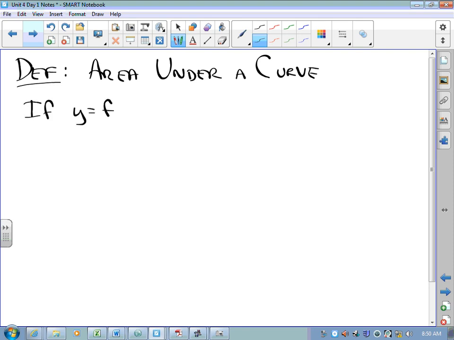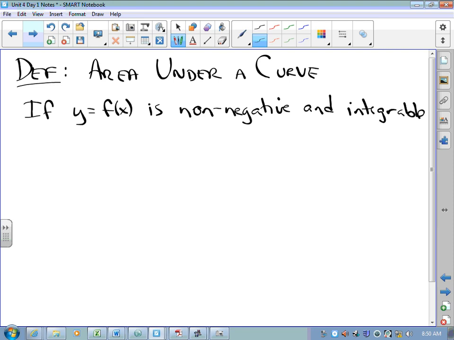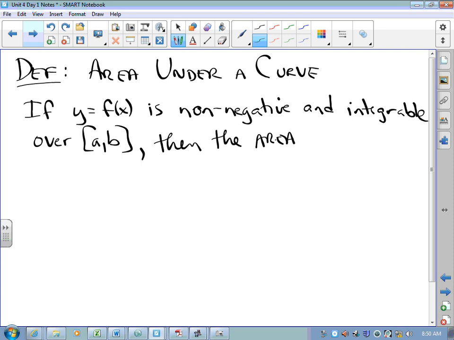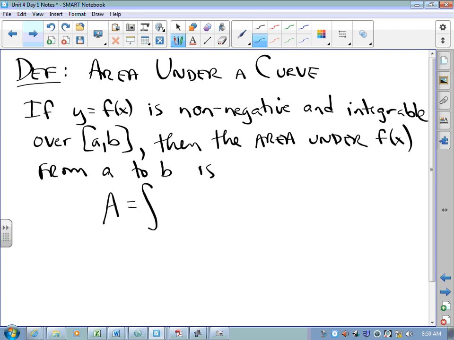You know if y equals f of x is non-negative and integrable, incidentally, all continuous functions are integrable over AB, then the area under f of x from a to b is the definite integral from a to b of f of x dx.